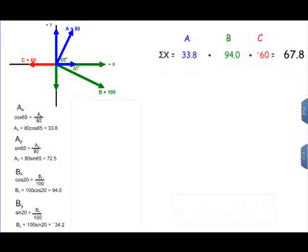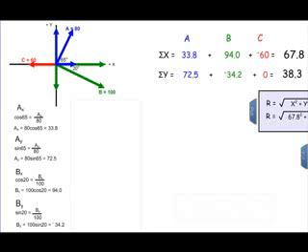Doing the same thing for the y component of vector B, you get B sub y is equal to 100 sine 20, and that's equal to 34.2, and you stick a negative sign on that because it's in the negative direction. So then you write out that expression here. The sum of the y components is equal to 72.5 plus a negative 34.2 plus 0 for vector C, is 38.3. Then go ahead and solve it just like we did on the earlier slide.